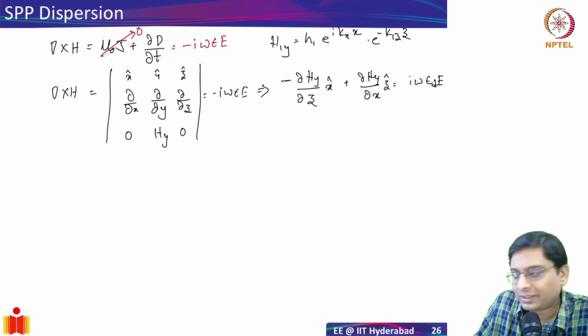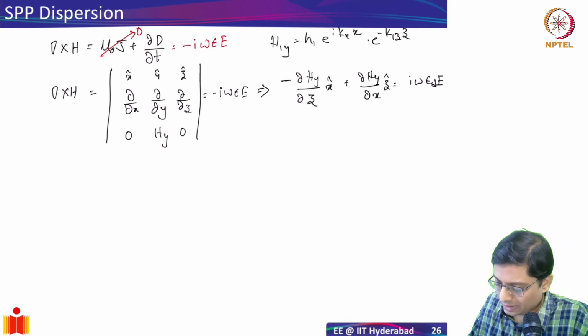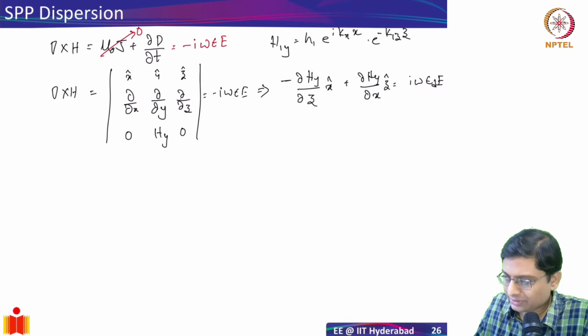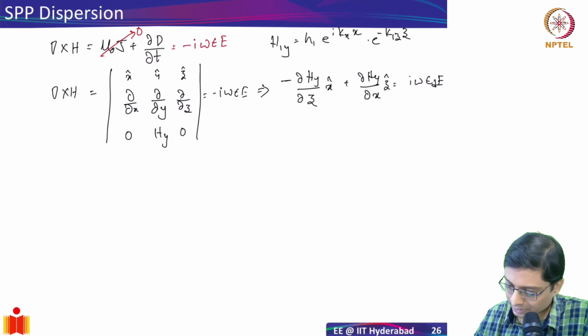So this is my electric field. That's it. Okay, so how do I solve for this? Well, let me take the derivative first. So I'll take the z derivative, so I'll get k1z dou hy by dou z.